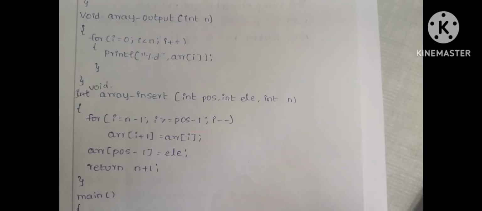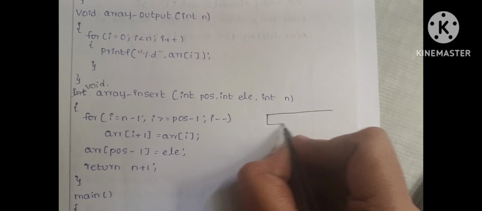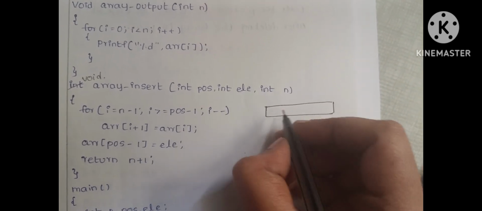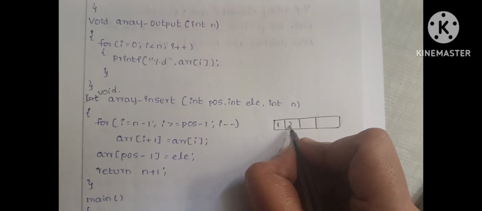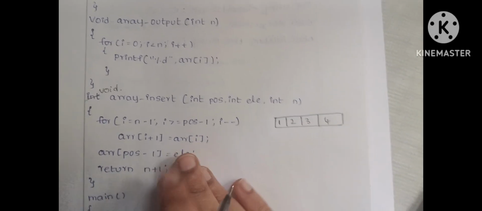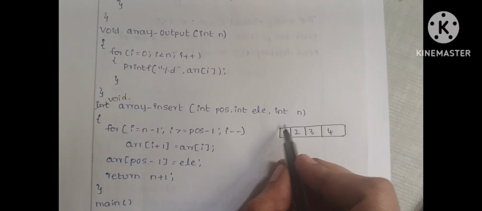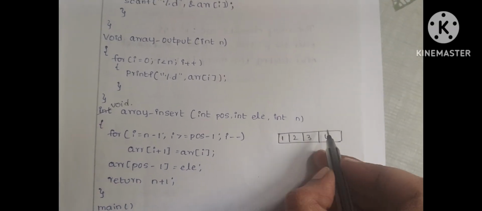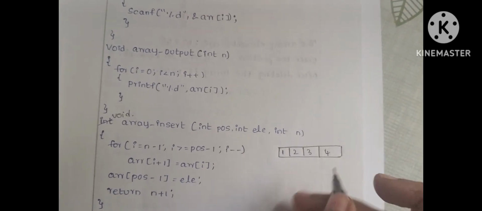So let me show you that. See, this is the array I am taking. Here I have taken 1, 2, 3 and 4 elements. This is the array. So from n minus 1, here n is what? 0, 1, 2, 3. 3, right? Number of elements is 4, index is 3, right?